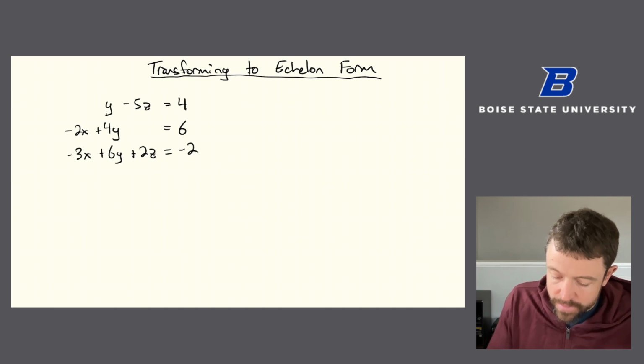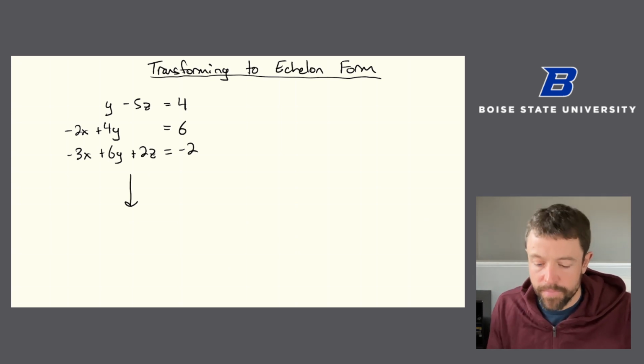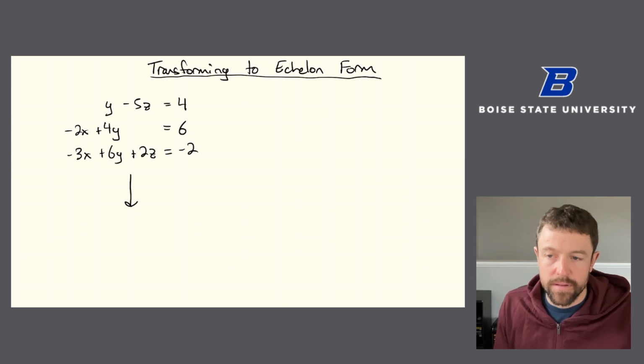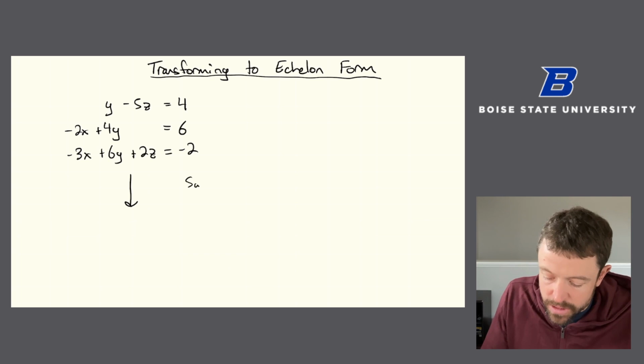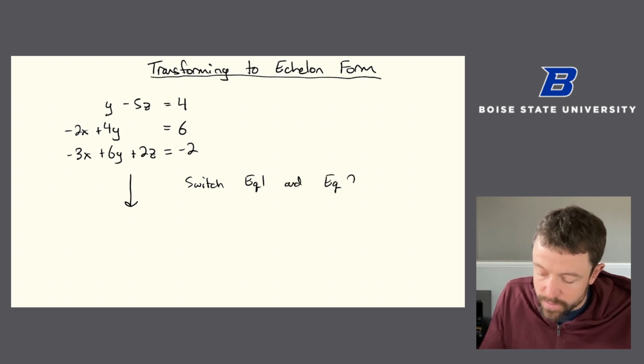So step 1, if I want this thing to be in echelon form, there's a problem that the leading term in equation 1 is not x. So I want to move one of these other equations up top. So step 1 is going to be to switch equation 1 and equation 2, which we've already justified.